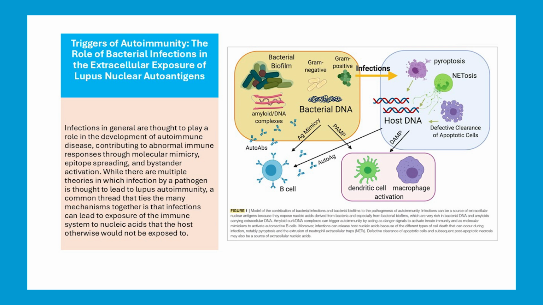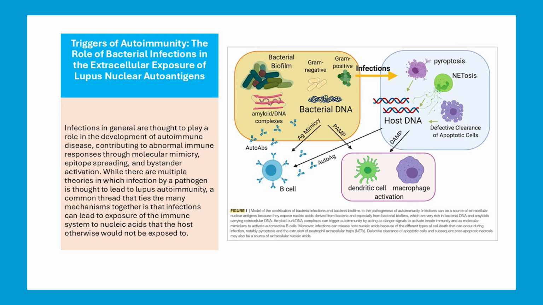Due to your own cell death during infection, your own nuclear components can be detected by damage-associated molecular patterns, which detect an inappropriate presence of these molecules, and this triggers a response.